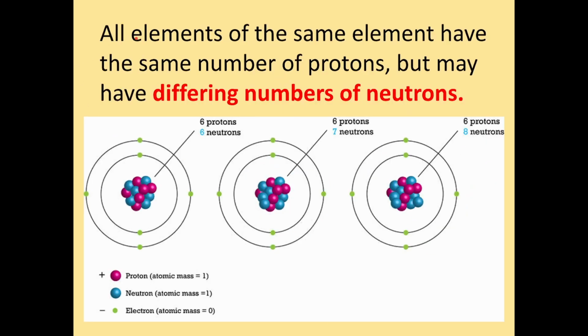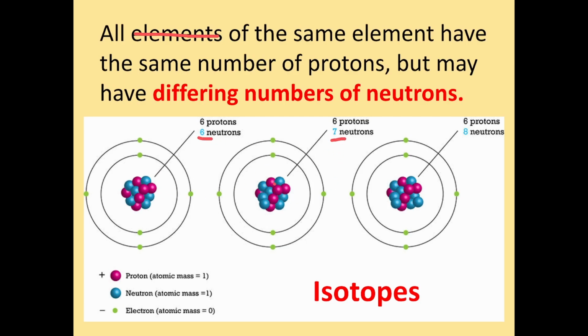Now this says all elements, but I think it means to say atoms. All atoms of the same element will have the same number of protons, but may have different numbers of neutrons, and those are called isotopes. So in this example, we have 6 protons. That means this is carbon, right? This carbon has 6 neutrons, but this one has 7.